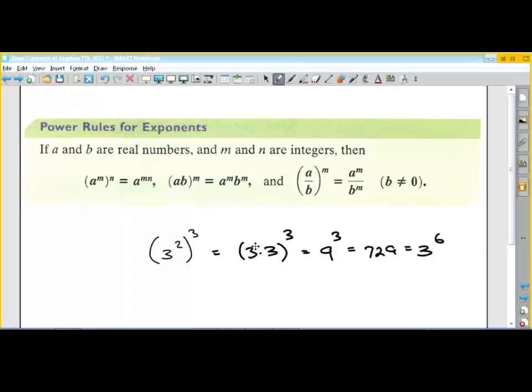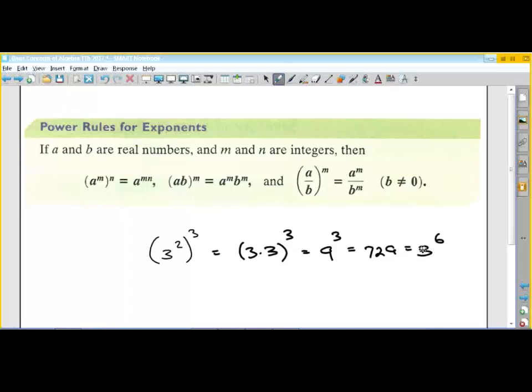So what I have here, to get to the 6th power, you see that if I added the exponents, I'd be wrong, because 2 plus 3 is 5. So you end up having to multiply these numbers. If you did this example with some different numbers, you'd find out by inductive reasoning that you see this pattern, and you see that the final value here is always the original base to the exponent where you multiply these 2 exponents together.